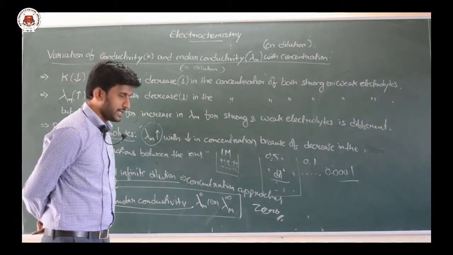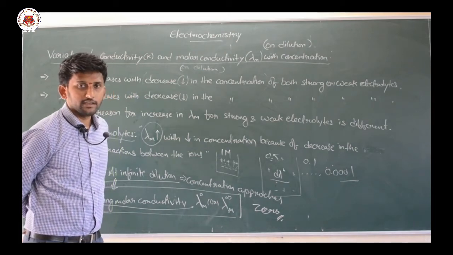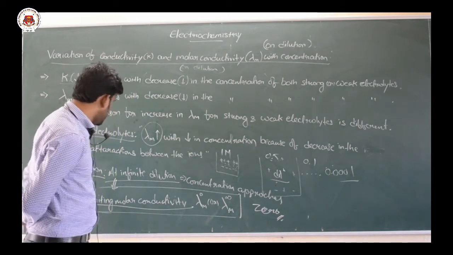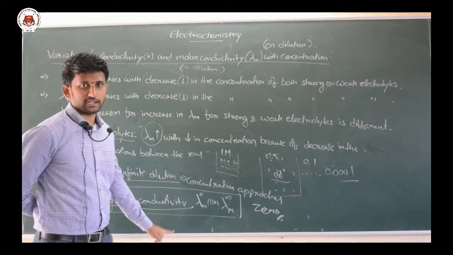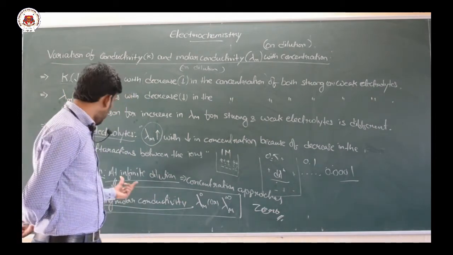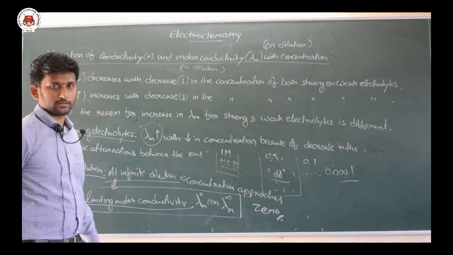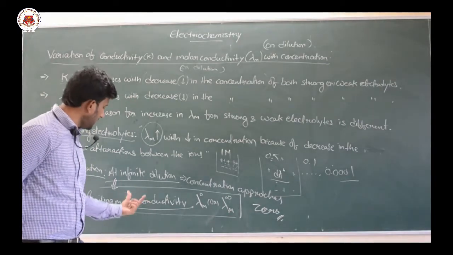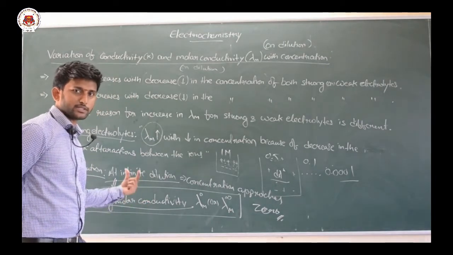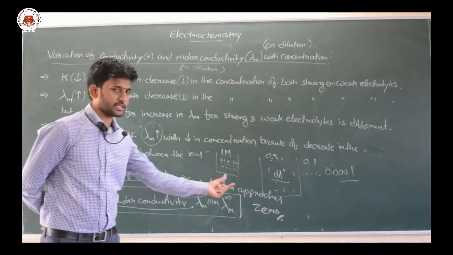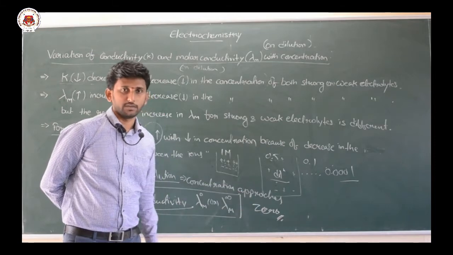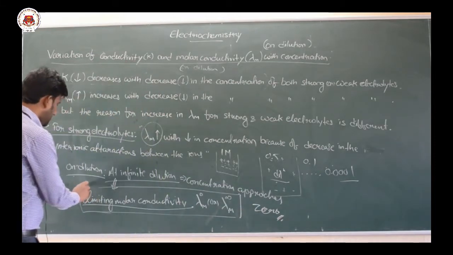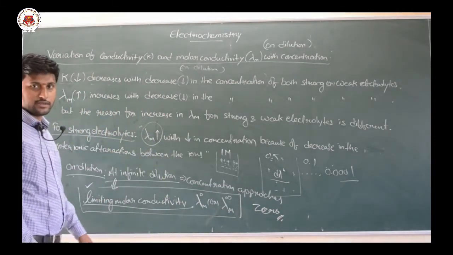Okay, so what is limiting molar conductivity? It is the molar conductivity of a given electrolytic solution at infinite dilution, or it is the molar conductivity of the solution when the concentration of the solution approaches near 0. Okay, that is called limiting molar conductivity.